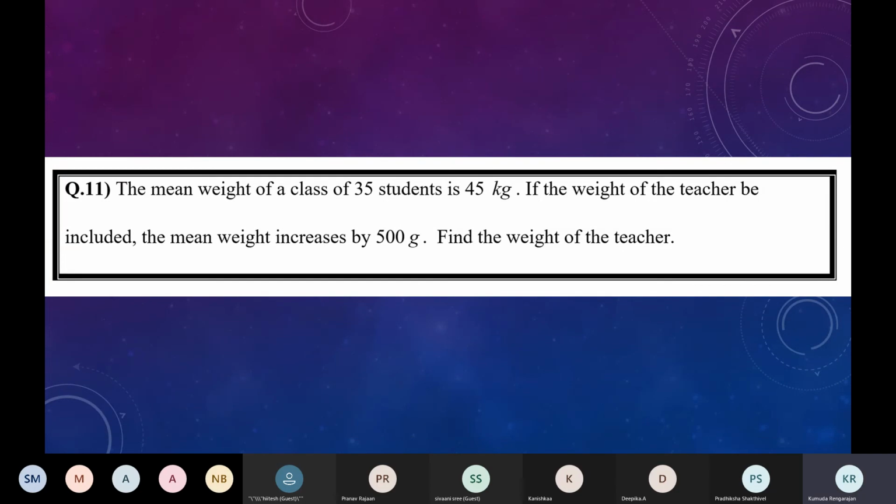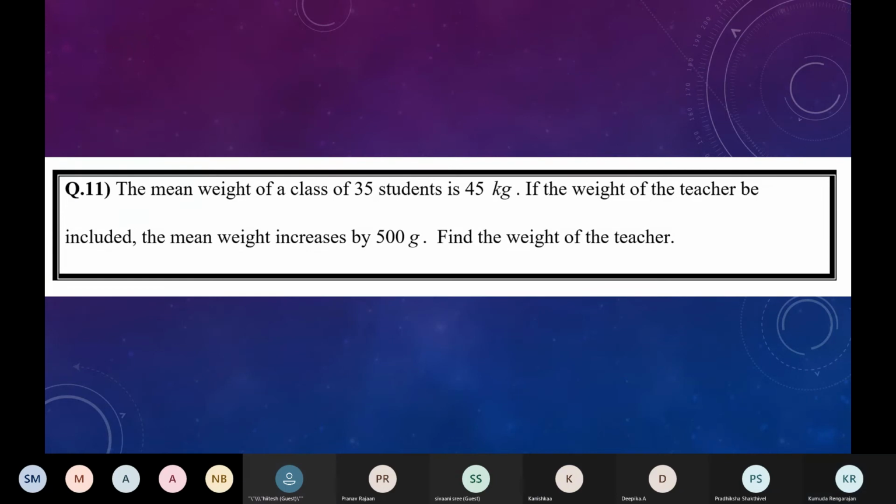The mean weight of a class of 35 students is 45 kgs. So what can you calculate from this? Sum of observations, ma'am. Specifically, the sum of the students' weights, ma'am.